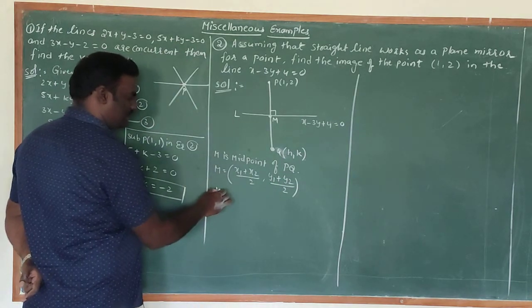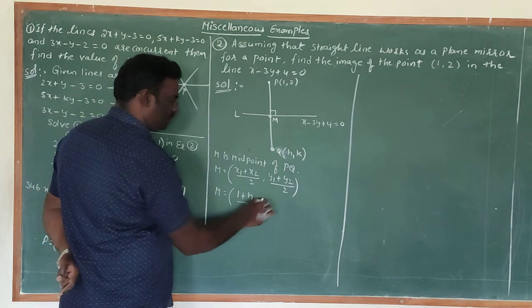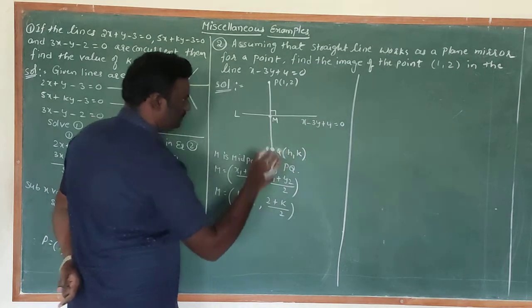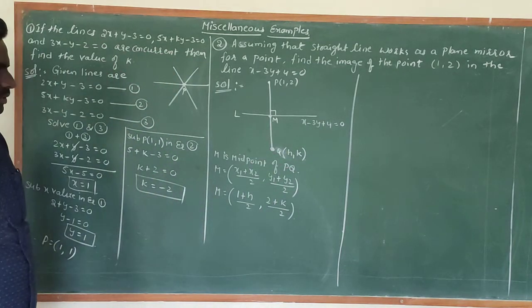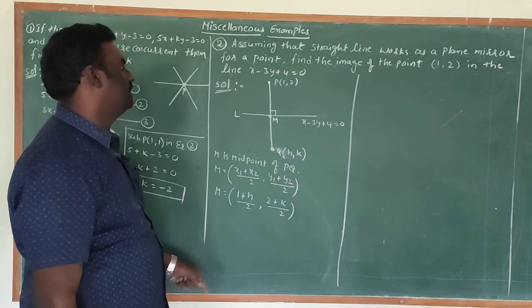That is nothing but 1 plus h by 2, 2 plus k by 2. Okay, this is M.